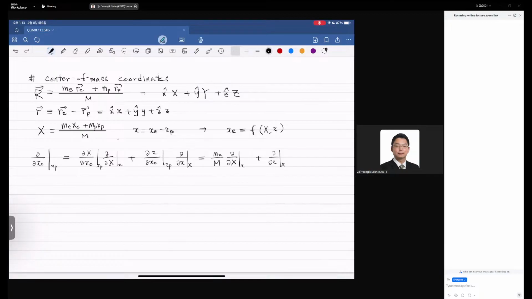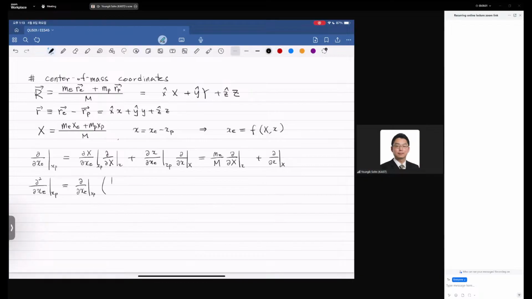And then we continue, because in the Laplacian there is a second derivative. So for the second order derivative, we take the partial derivative again with respect to x_e of the result we just derived. You just repeat the whole process again, for a given x_p.